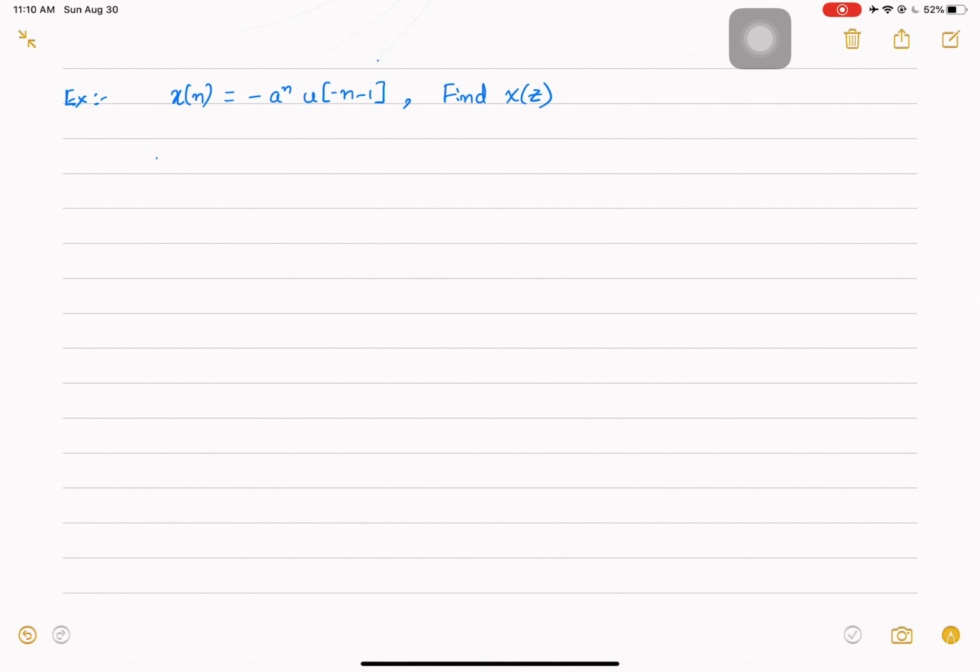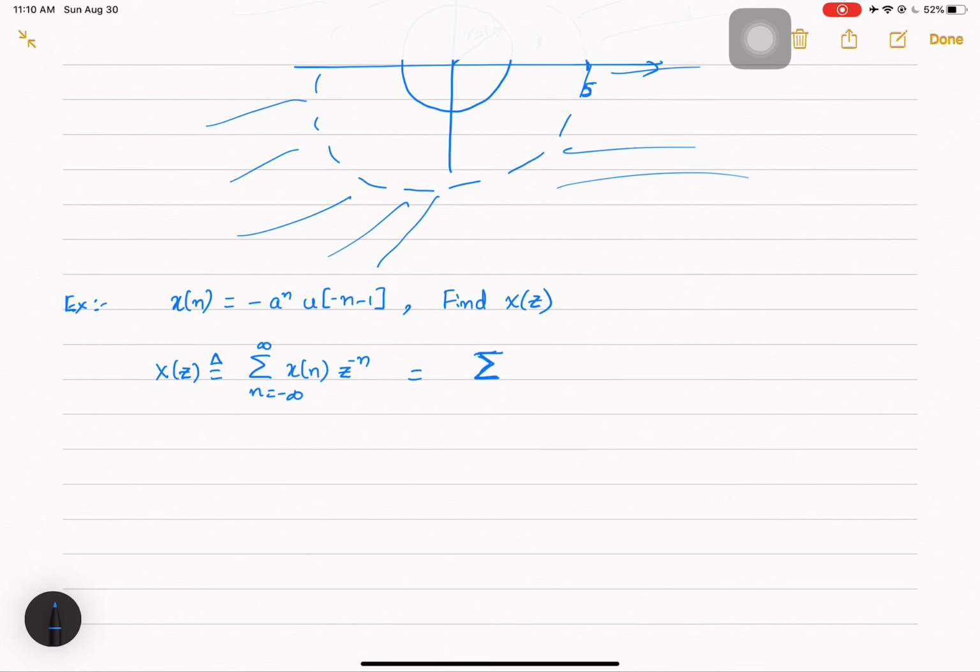We see that X of Z, by definition, so have the habit of writing this. When I substitute, since u of minus n minus 1 exists only from n equal to minus infinity to n equal to minus 1, I'm going to use the same limits, and it is 0 for n greater than or equal to 0.